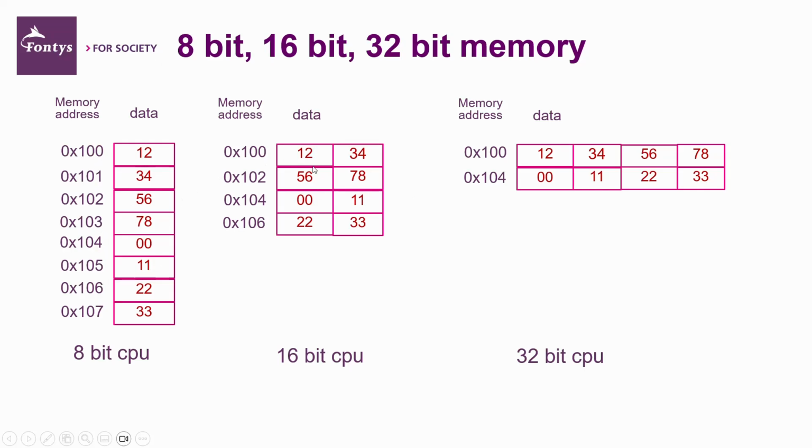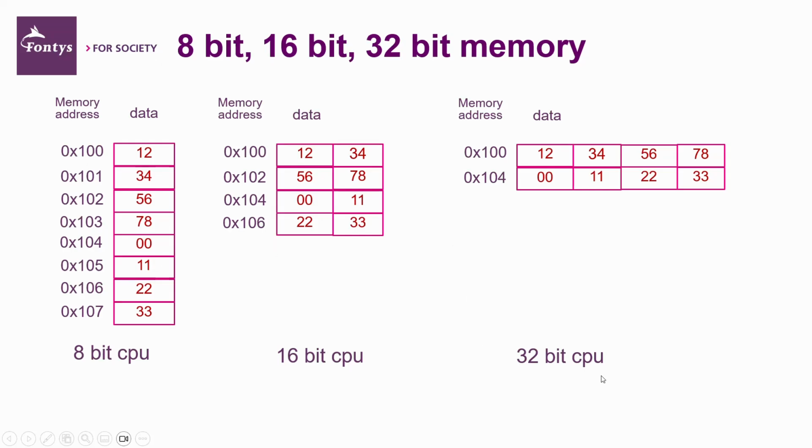And on a 16-bit CPU you see that we have 2 bytes on one memory address, 2 bytes on the next, 2 bytes on the next again, and that basically means that a 16-bit CPU only has even memory addresses. So the first 2 bytes are located at address 100, the next 2 at 102, and then 104, etc. So every time 16 bits are taken, they are taken from an even memory address.